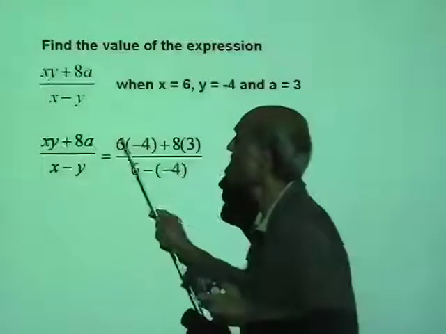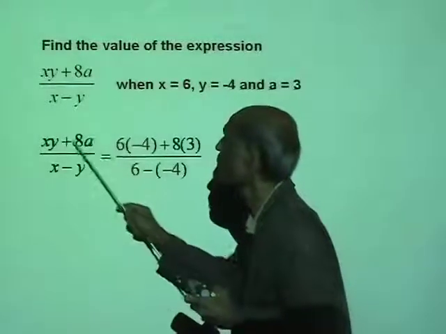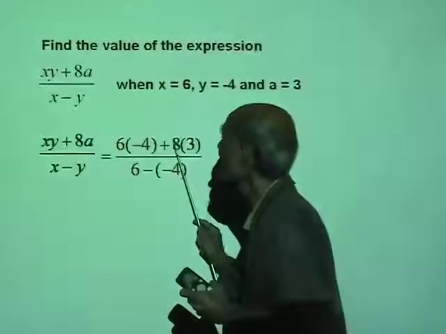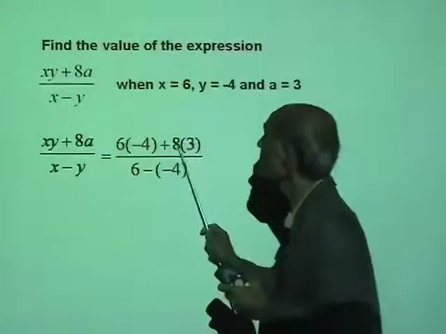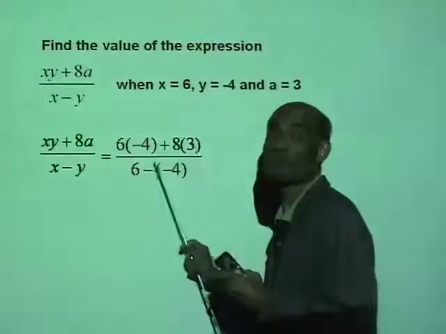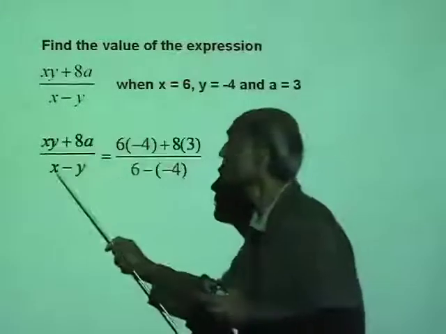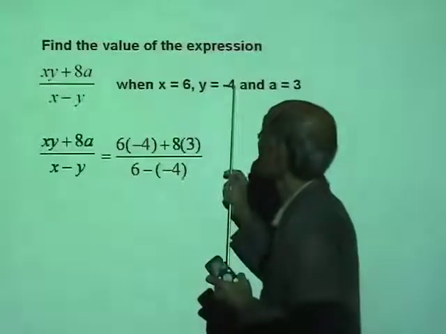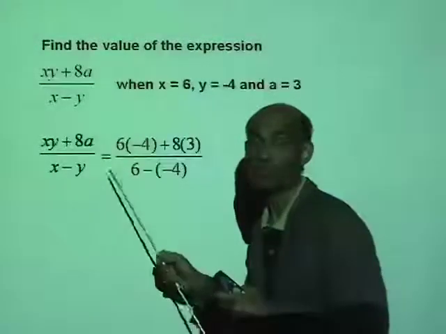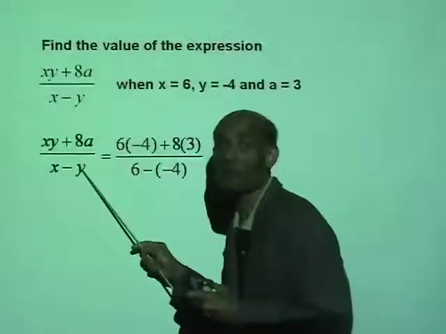So xy, 6 times negative 4, plus 8 times a. A is 3. 8 times 3 all over x minus y. X is 6, y is negative 4. So what does x minus y become?